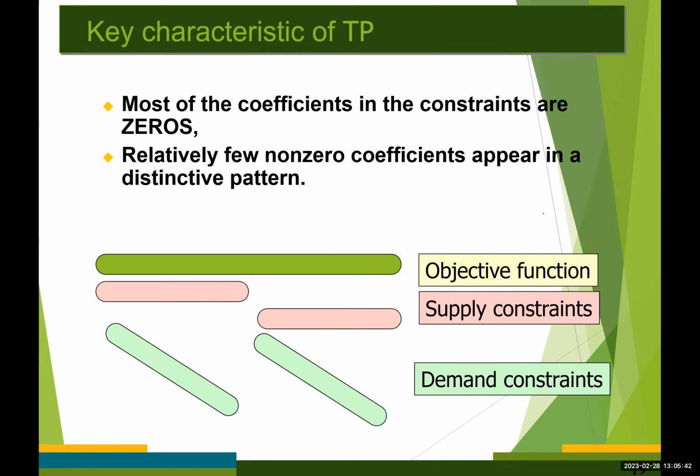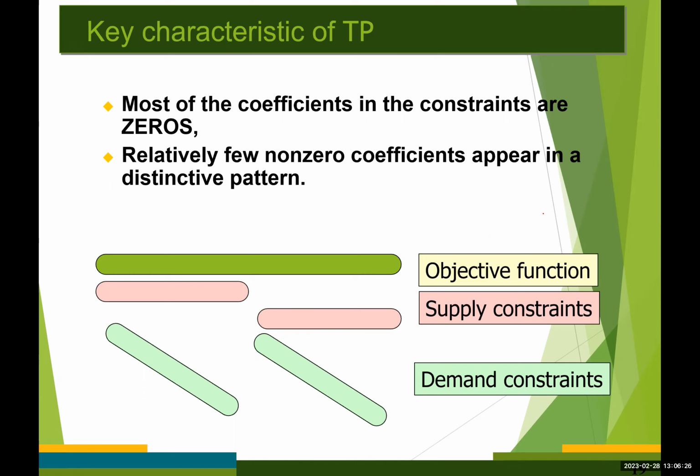Okay, I included this screen to tell you some key characteristics of the transportation problem. Actually, real-world applications of the transportation problem tend to require a very large number of constraints and variables, so straightforward computer applications may require a huge amount of computational time.